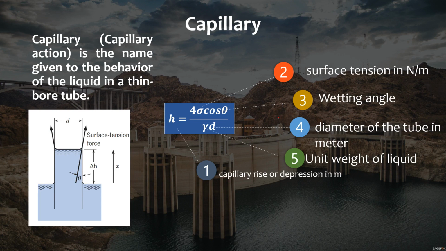So theta is your wetting angle. It is the angle tangent to this surface that is adhesive to the wall of the tube. When we measure that angle along the vertical, that's your wetting angle. Then gamma is the unit weight of the liquid, and d is the diameter of the tube.